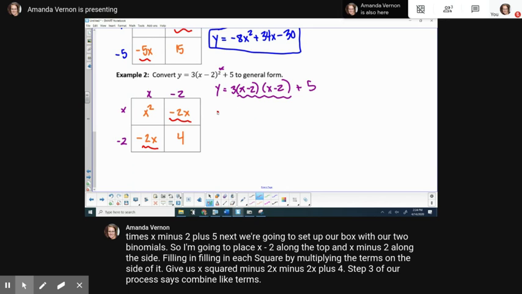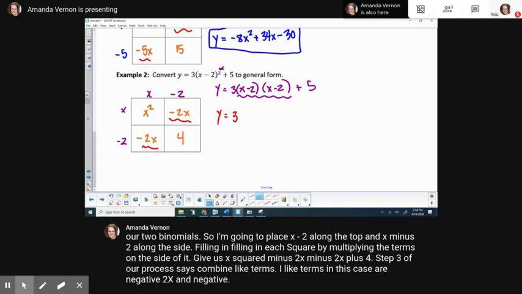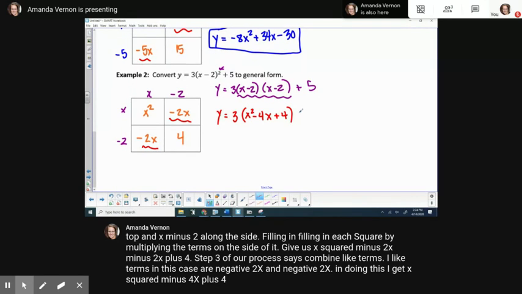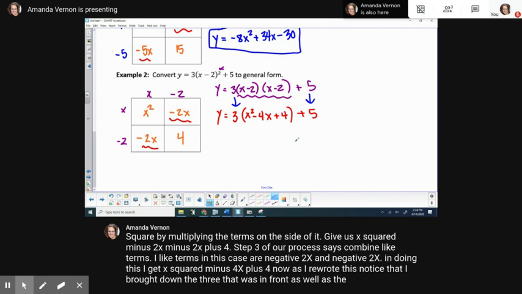Our like terms in this case are negative 2x and negative 2x. In doing this, I get x squared minus 4x plus 4. Now, as I rewrote this, notice that I brought down the 3 that was in front as well as the plus 5 that originally was at the end.